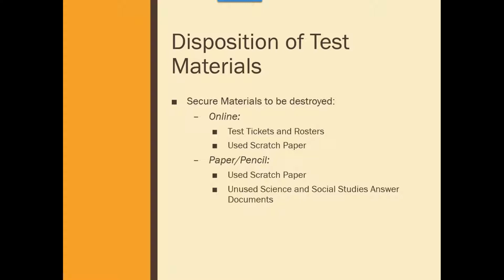For paper-pencil testing, examples of secure materials include all used scratch paper. Unused science and social studies answer documents must also be securely destroyed. Be sure to review the Instructions for Materials Return section of the MSTEP Test Administration Manual.